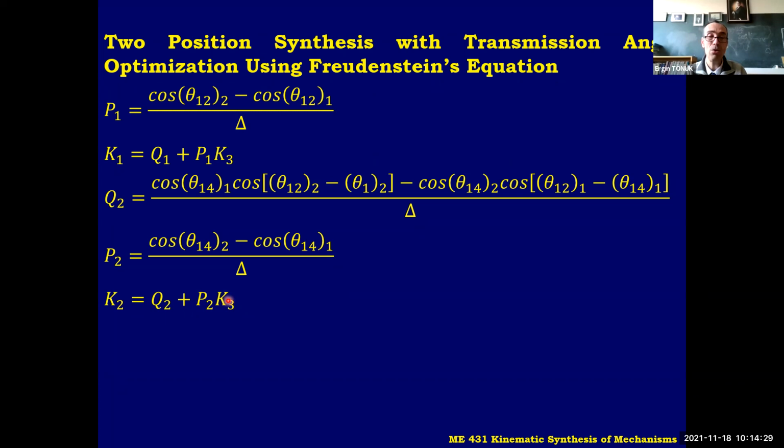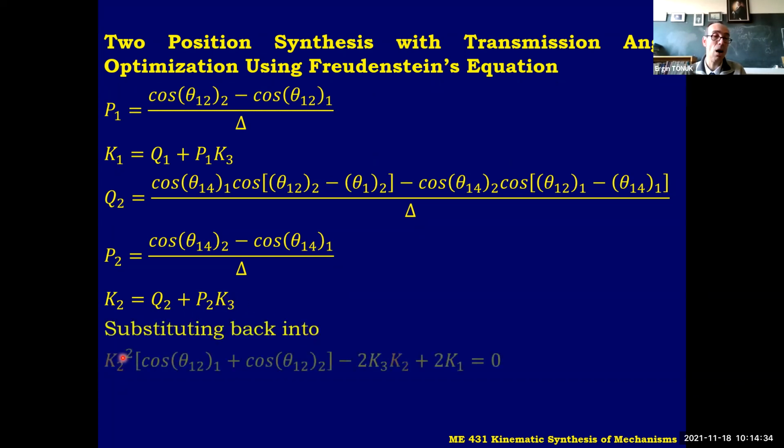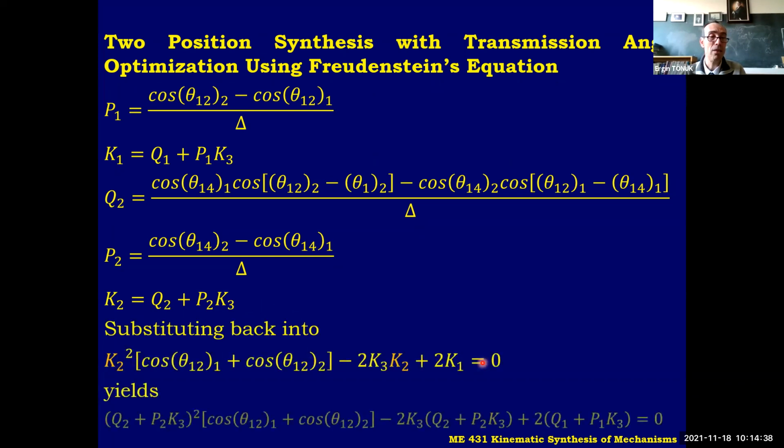So if you substitute this back into our quadratic equation, this yields that equation in terms of K3. And again, it is quadratic in K3, okay?